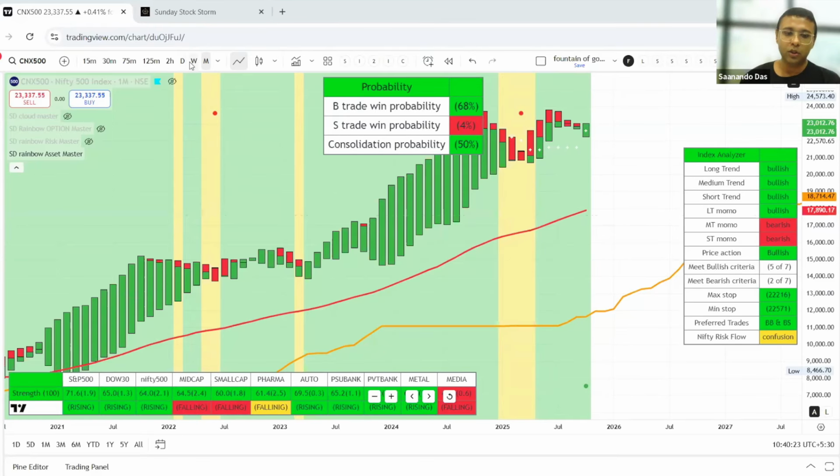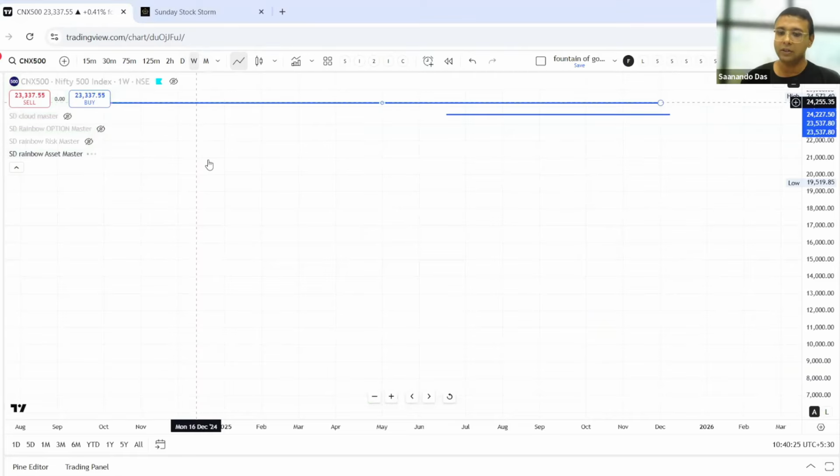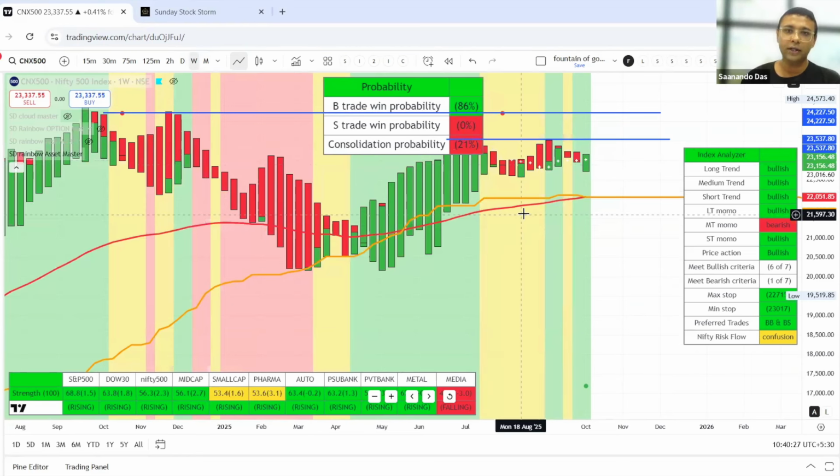Now we'll come back to the weekly chart, which is more required for trading and swing investing into stocks. Nifty 500 has given a buy signal with an 86% win probability. So after a very long time, I am seeing quite a significant comeback in the Indian equity market, not seen in almost one year.